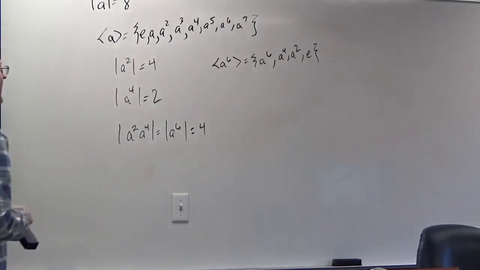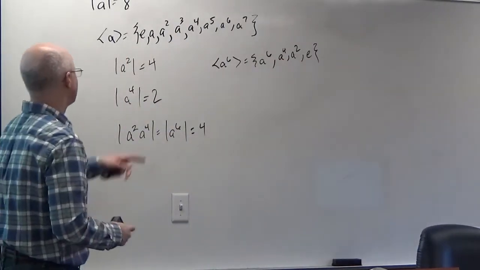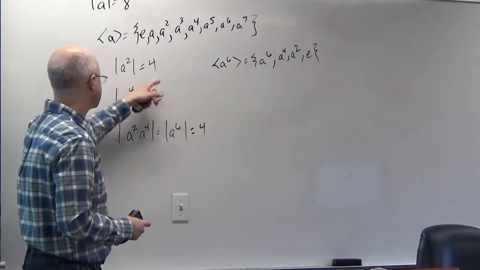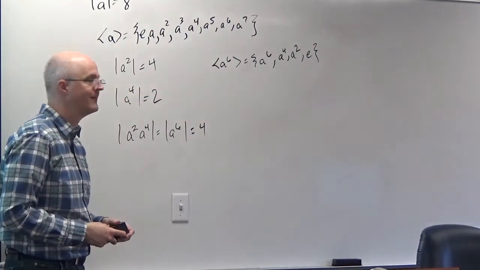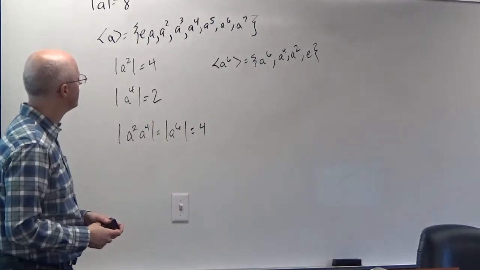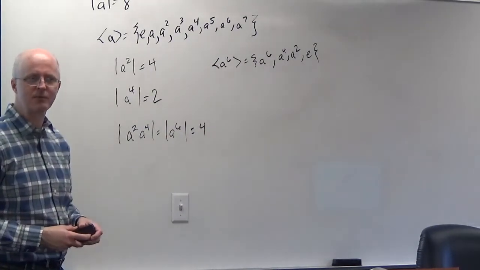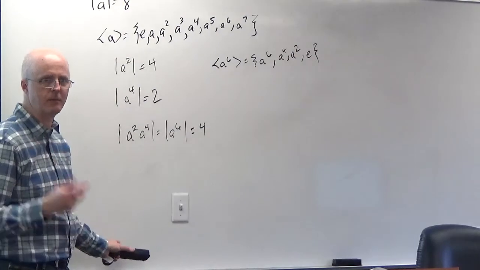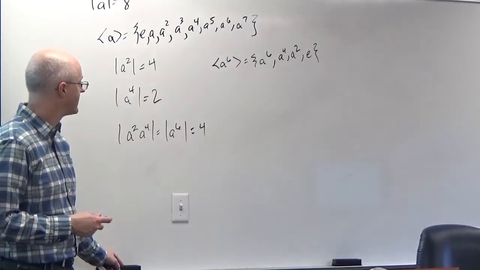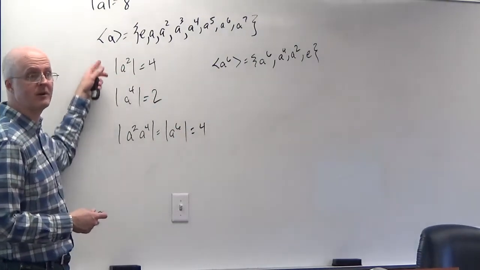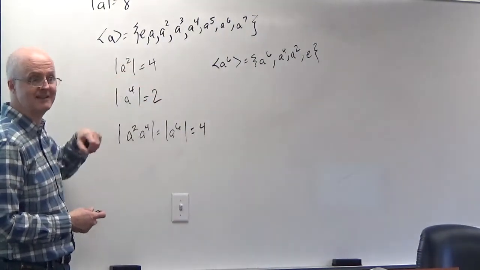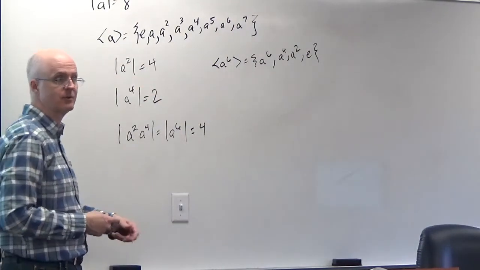Well, it's not that this plus this equals that, or this times this equals that. And you'd want to do more examples before you were more certain of what I'm about to say. But it is true that the order of the product, 4, does divide the order of 4 times 2. It divides 8. And that is the true thing you can say in general.